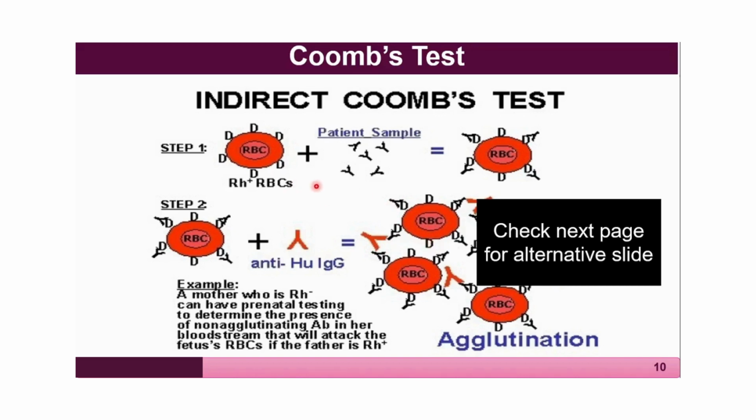Since it is an indirect way of proving, where the Rh positive RBCs used are from another individual to which you have added the Rh negative mother's serum sample and demonstrated the agglutination of the RBC, it is called the indirect Coombs test.